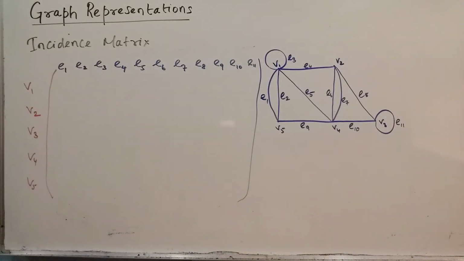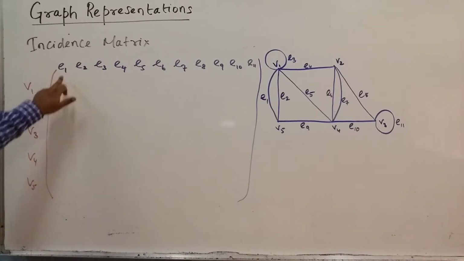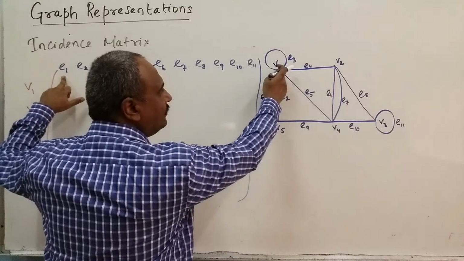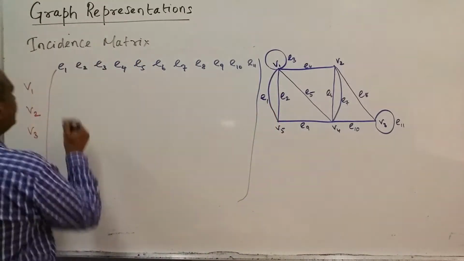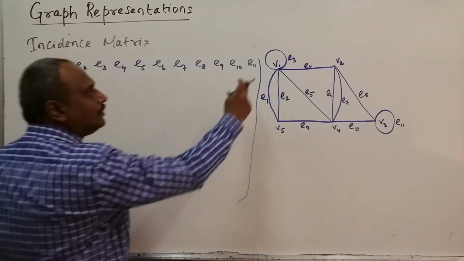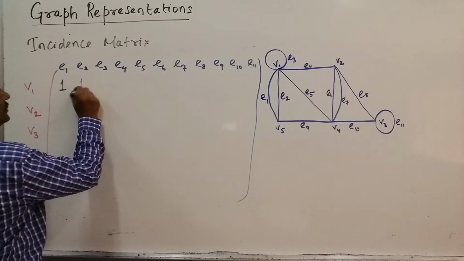Now what we are going to do is check whether the vertex is having a link with E1 or not. Now this is the idea. If it is yes, I am going to take 1, otherwise I am going to take 0. When I take V1, E1, yes, I am going to take 1. V1, E2, yes, they are intersecting, so this is 1.